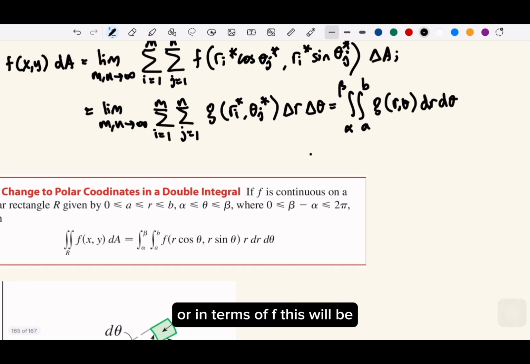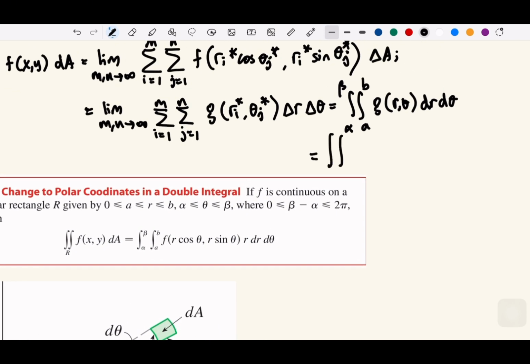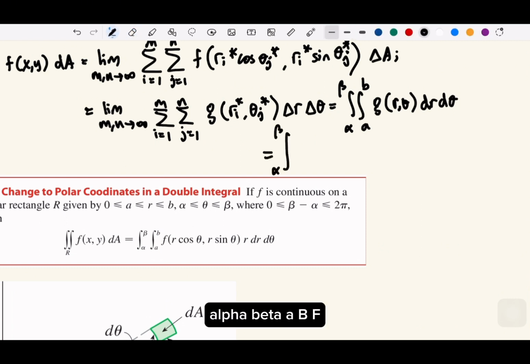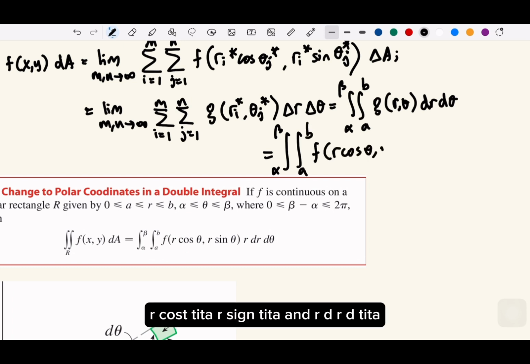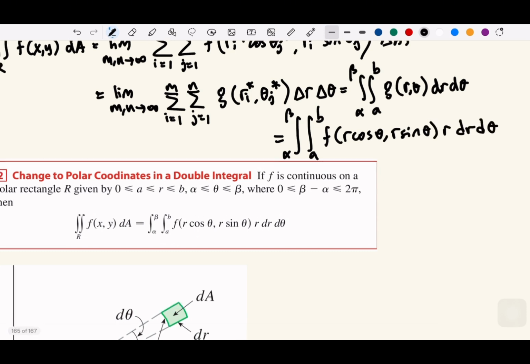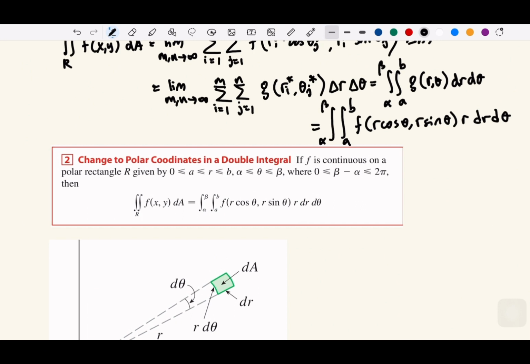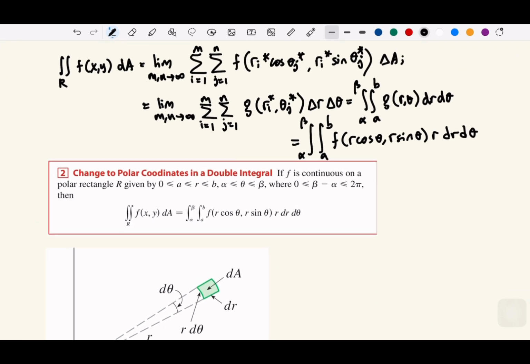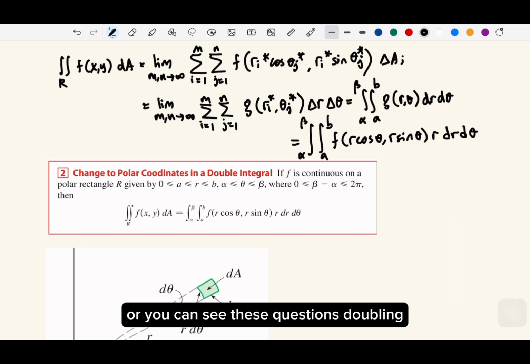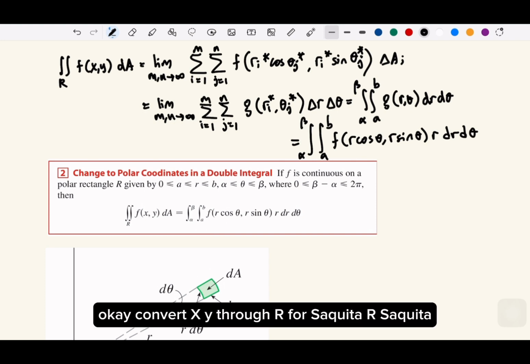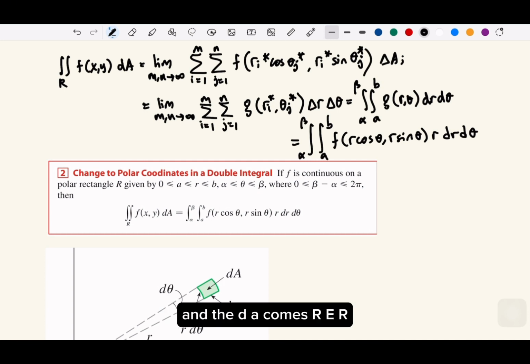Or in terms of f, this will be the integral of f(r cos theta, r sine theta) r dr d theta. Or we could see these operations as double integral of f(x, y) dA. We convert x y through r cosine theta, r sine theta, and dA becomes r dr d theta.